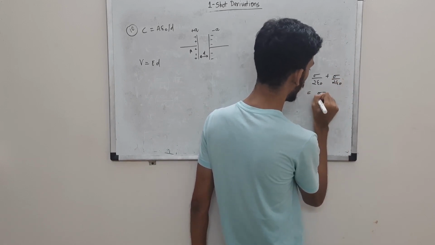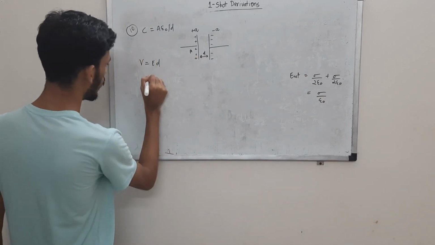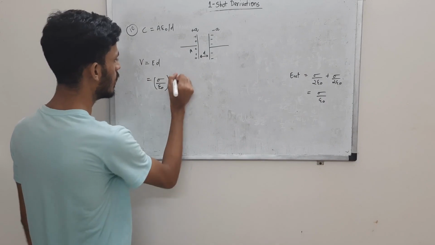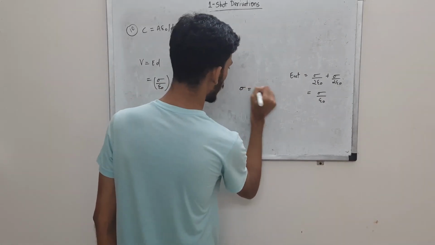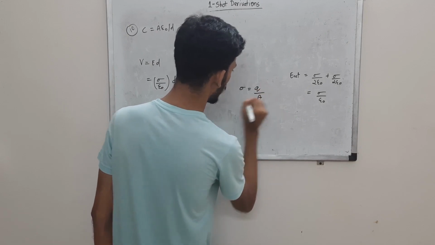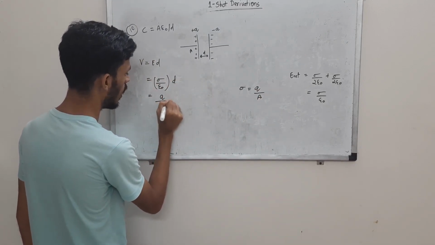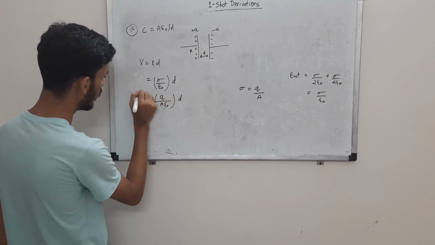The 2 gives us half and half plus half gives us 1, so the field is sigma upon epsilon naught, and d is as it is the distance of separation. Now sigma is the surface charge density, which is charge per unit area. Let us substitute that q by A, and we get V equals q d by A epsilon naught.